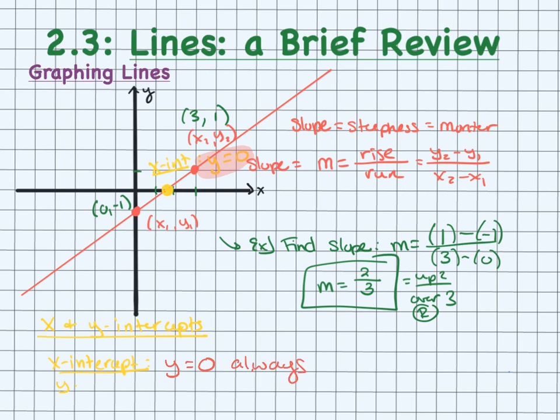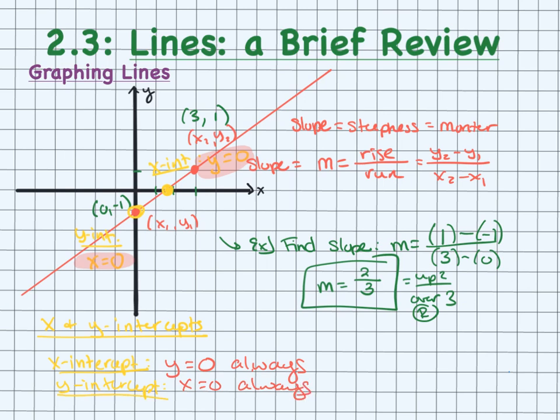Likewise, at the y-intercept, which would be here, the x value is always equal to 0 because you're always on top of the y-axis if you're talking about the y-intercept. So then in that case, the left-right value, or the x value, has to be 0. So for the y-intercept, x is equal to 0, always.